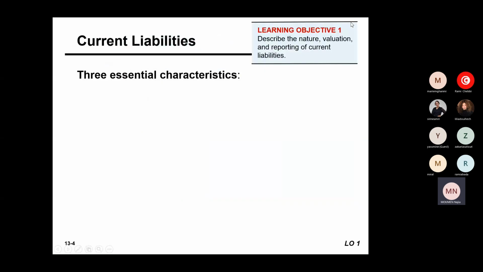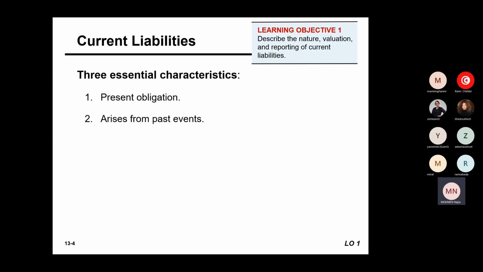First of all, to know if any item should be classified as a current liability or not, or any class within the financial statement, you should see if this item obeys the general definition of a liability. Remember, when we talk about liabilities in general, we said: what is a liability according to the conceptual framework?